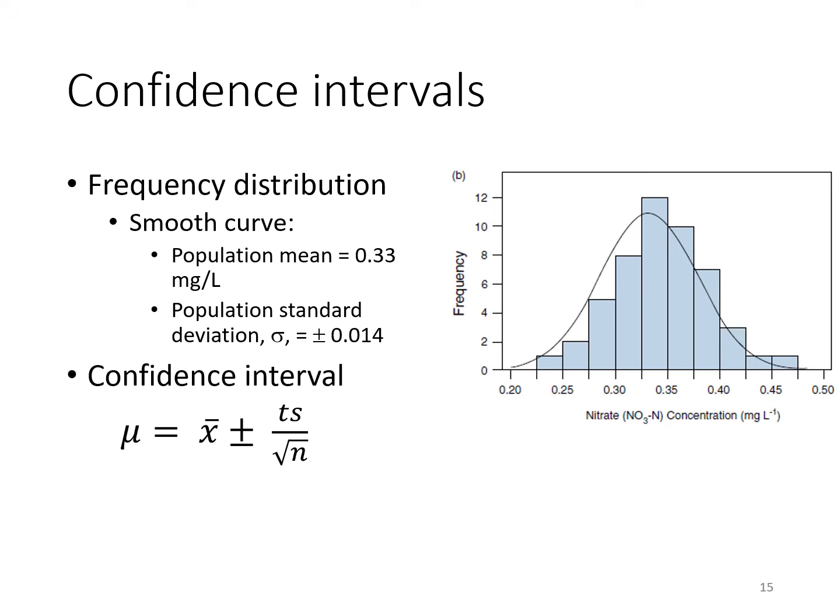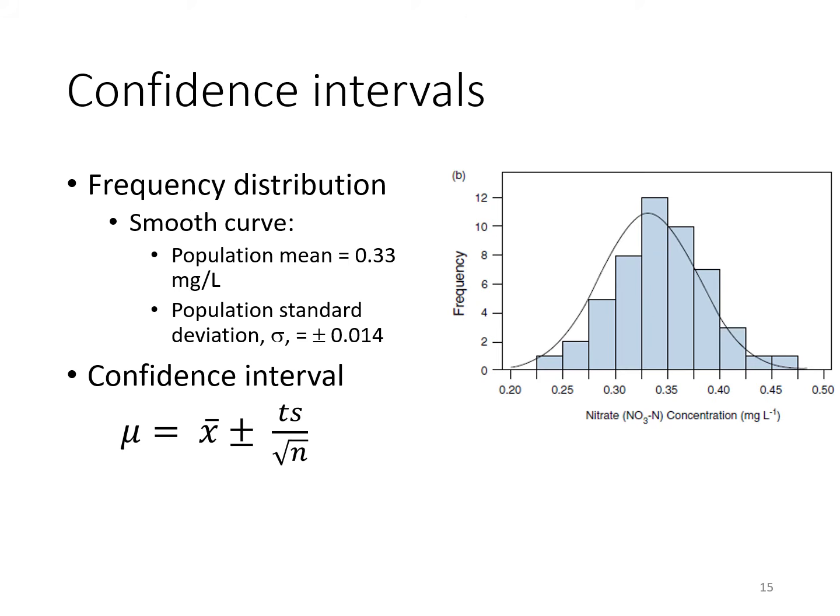Now looking back to that nitrate data, where we had 50 sets of 50 observations, let's assume that we can calculate the true population mean, and that's 0.33 milligrams per liter, and a true population standard deviation sigma, and that's plus or minus 0.014.